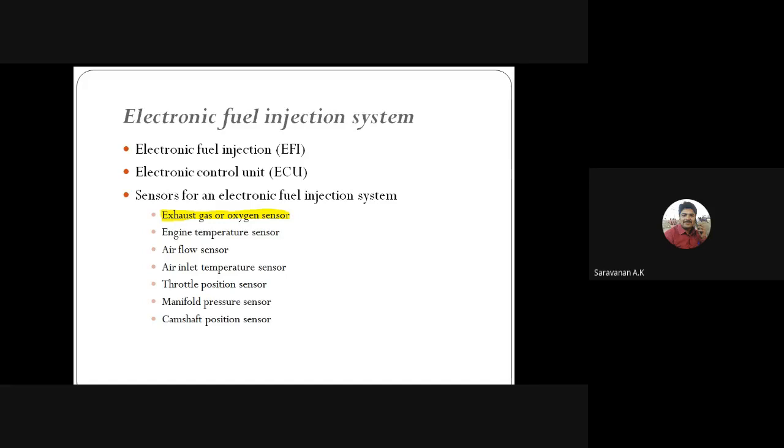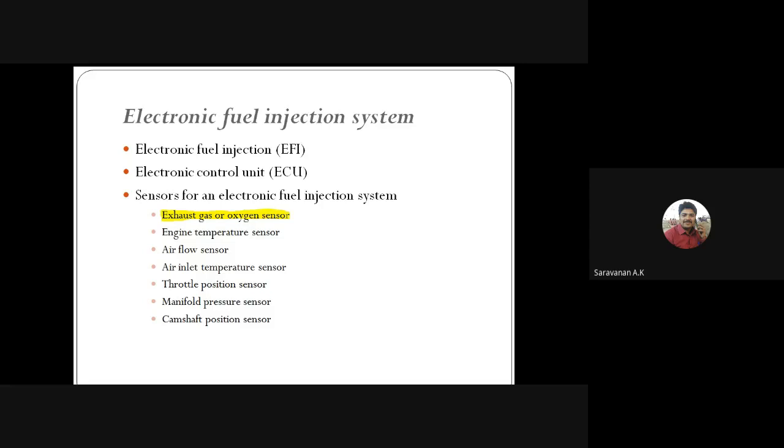Depending upon the engine temperature, the system will adjust the air fuel ratio, whether we have to supply a lean mixture or a rich mixture. So it changes the strength of the air fuel ratio.